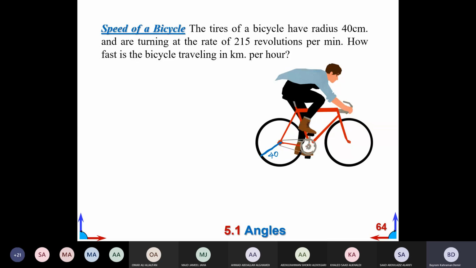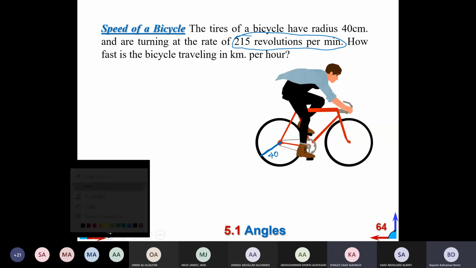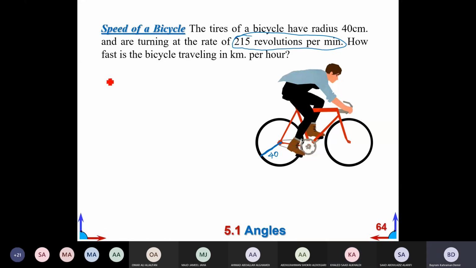And it is turning, rotating at the rate of 215 revolutions per minute. 215 rotations per minute. What does it mean, Shabab? 215 turns per minute. So it's omega, yani the angular speed of the tire, right?